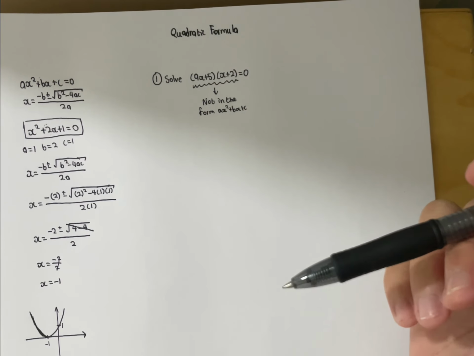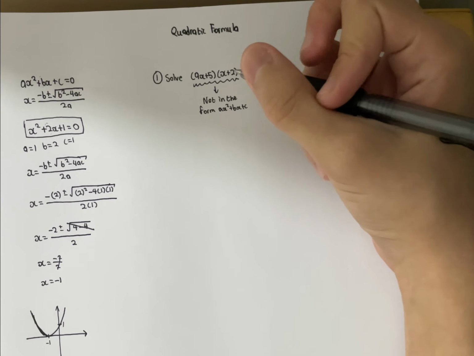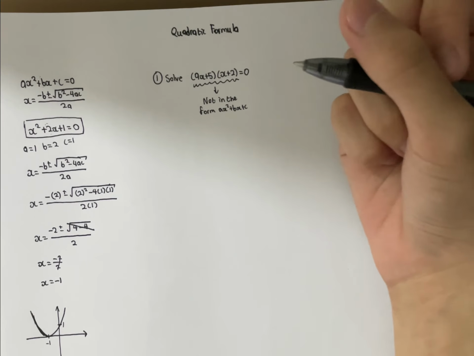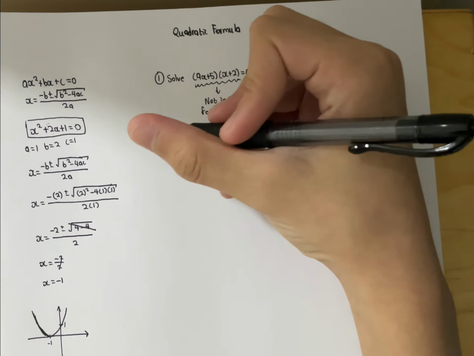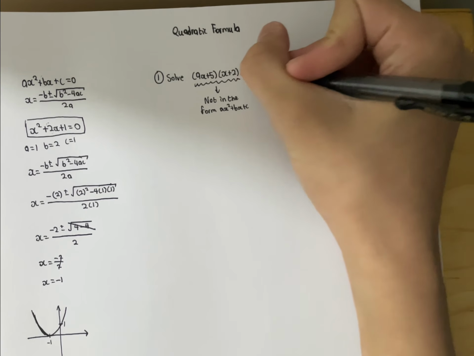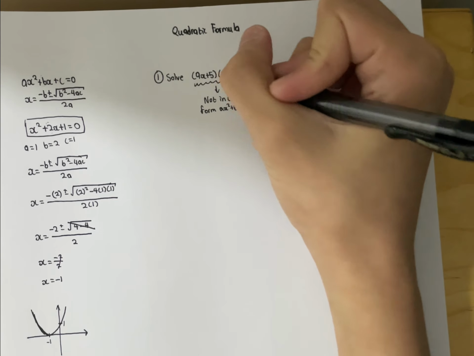So how are we gonna unfactorize this? Well, let's do it step by step, because I believe one way of learning thoroughly is doing it step by step. For the introduction. After the introduction, you can speed up. All right. So (9x + 5)(x + 2) = 0, right? So then let's just expand this.